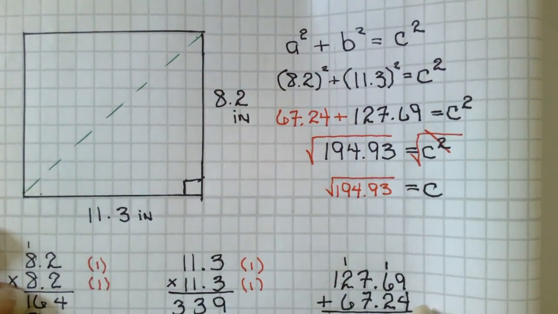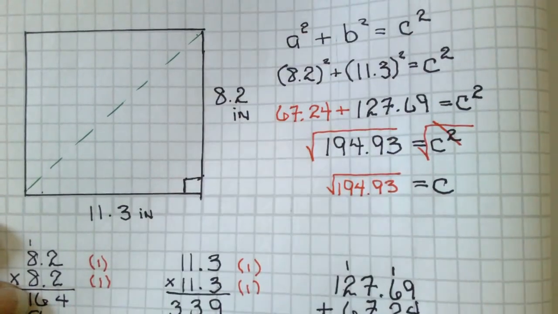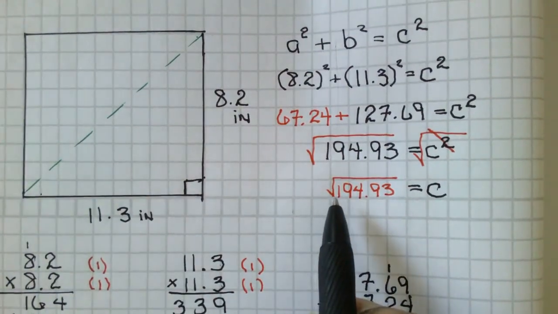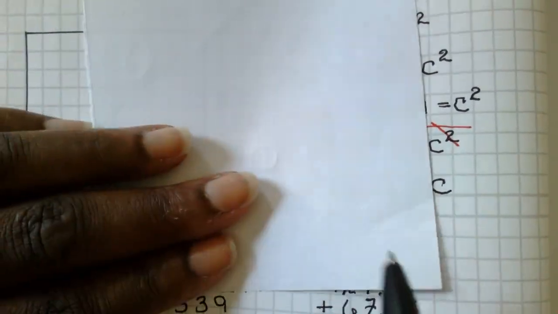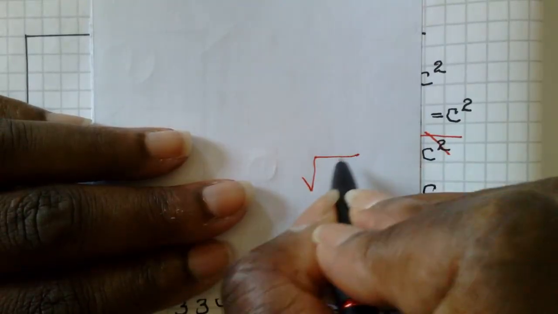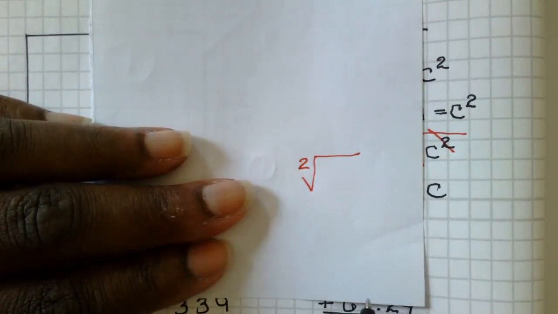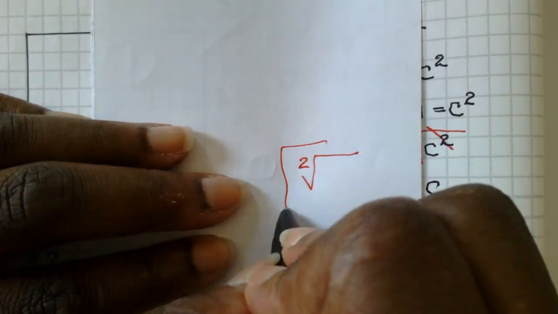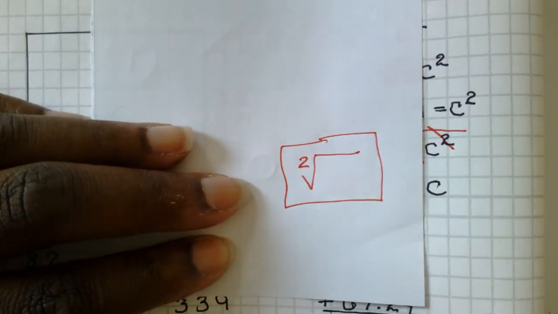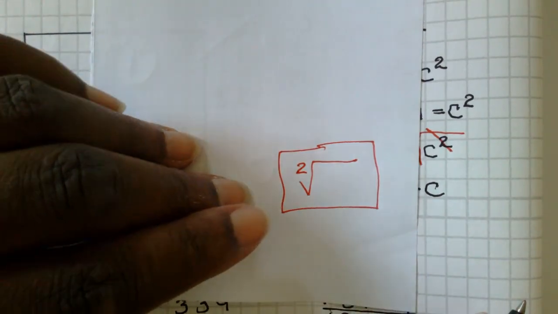Now, if you're trying to use a calculator on your Apple phone, they always have it as this symbol. It's like a radical with a 2 for the index. So this is what the button looks like if you're trying to use it on your phone. Okay?